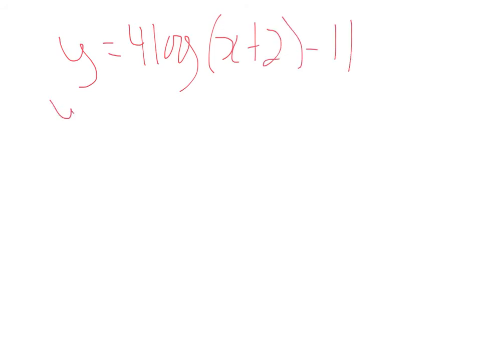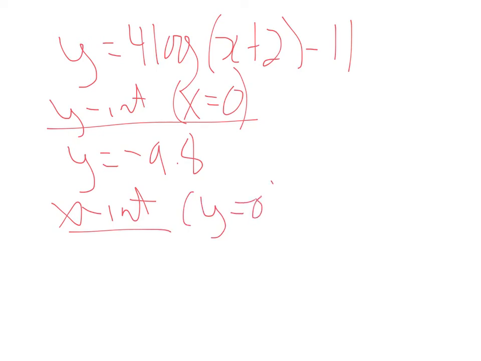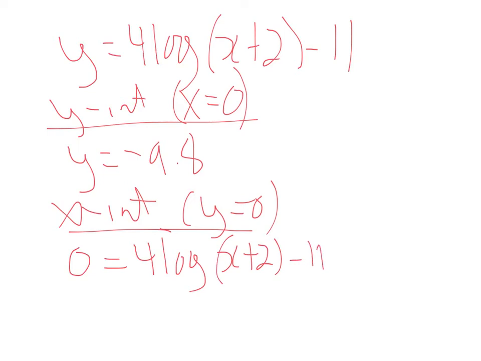Let's do the y-intercept because that's pretty easy. X equals 0 at the y-intercept, and when you sub that in, you get y equals negative 9.8. For the x-intercept, y equals 0, so I end up with 0 equals 4 log of (x plus 2) minus 11.